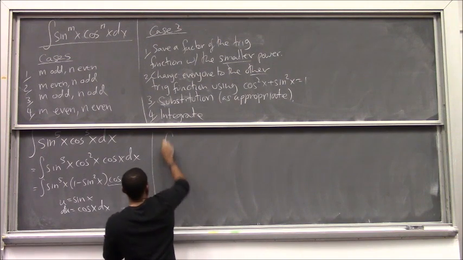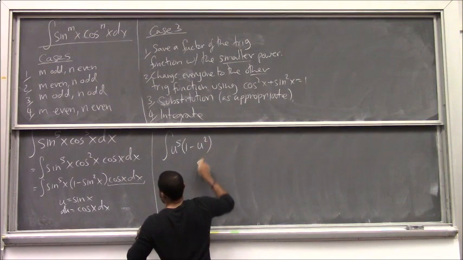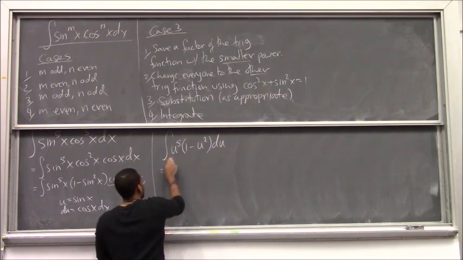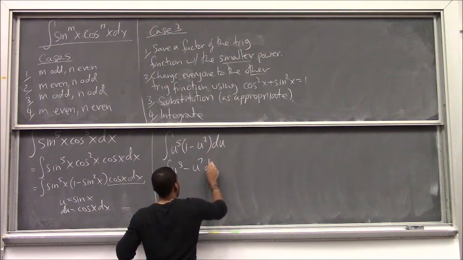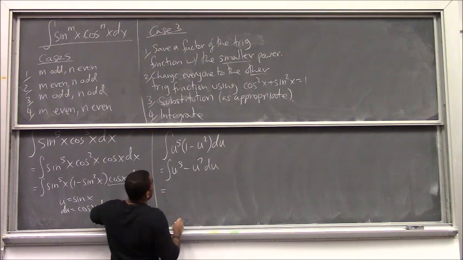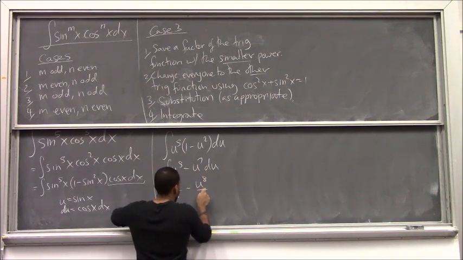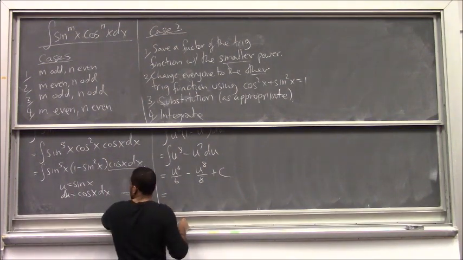And you plug that in. So that's going to be u to the fifth times 1 minus u squared du. This is going to be u to the fifth minus u to the seventh du. And that's going to be u to the 6 over 6 minus u to the 8th over 8 plus c. U is sine.